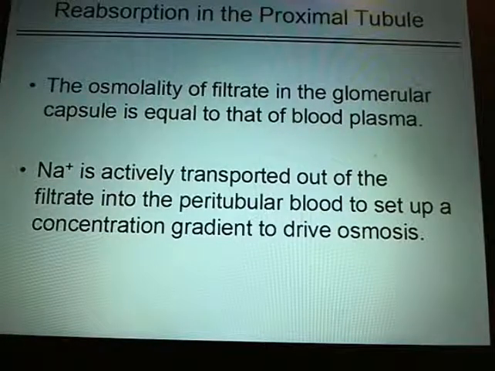Going on with the lab, we're going to look at the urine under the microscope. You're going to look for casts, red blood cells, white blood cells, and bacteria. You usually always have some bacteria in there.